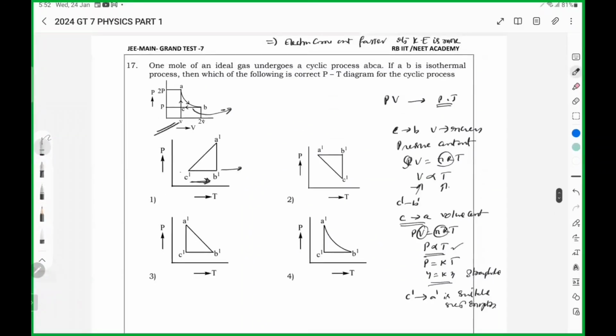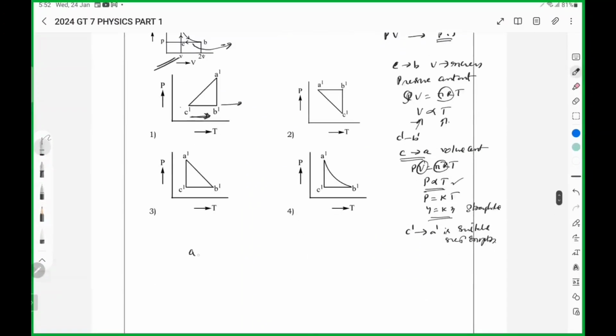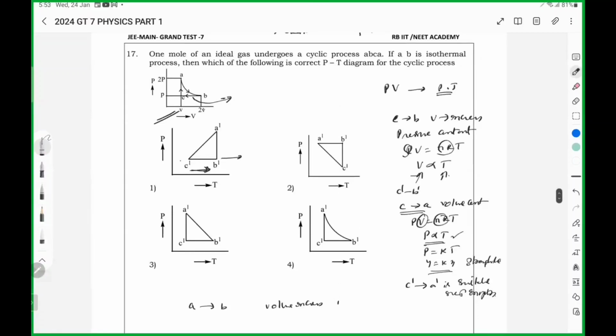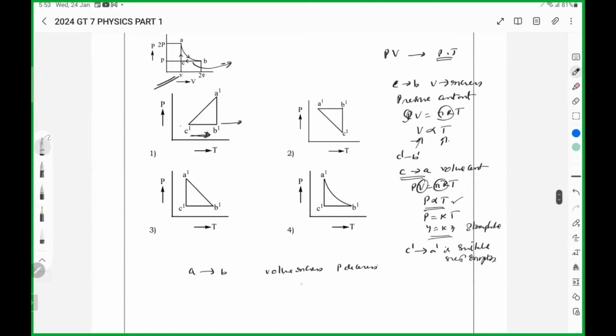And another point, if you consider A to B, volume increases, pressure decreases, that is PV becomes constant. That is possible.